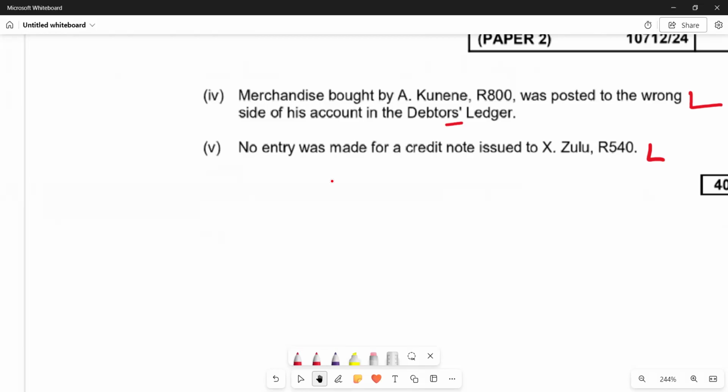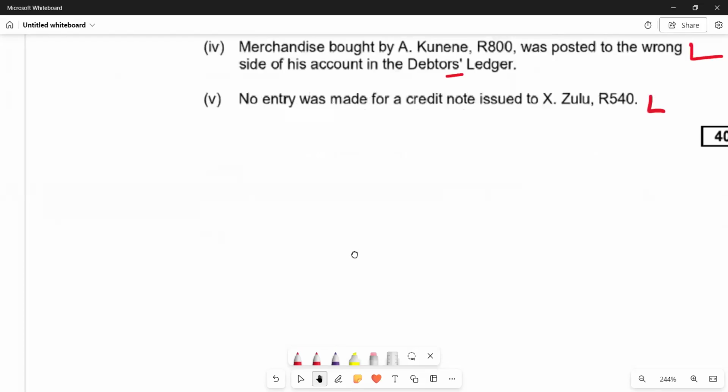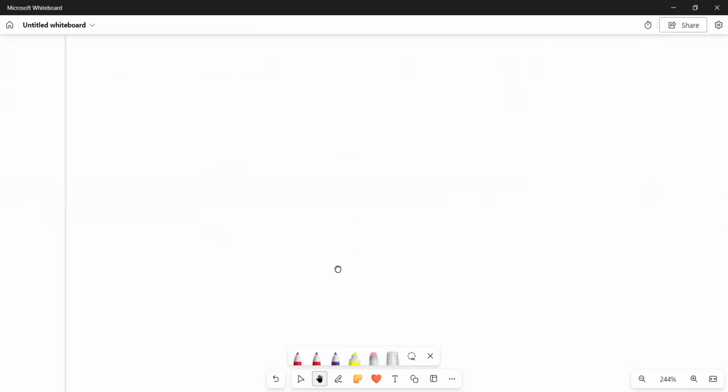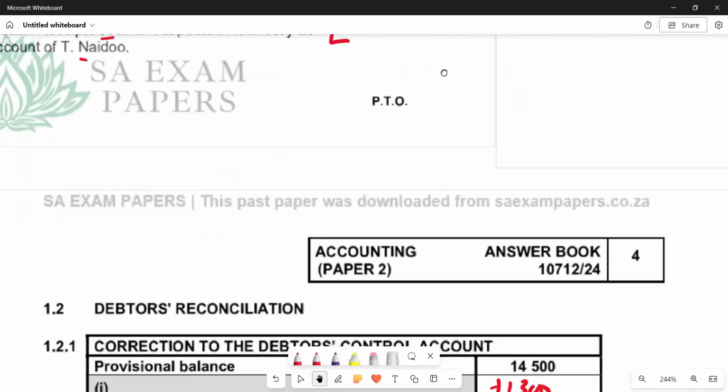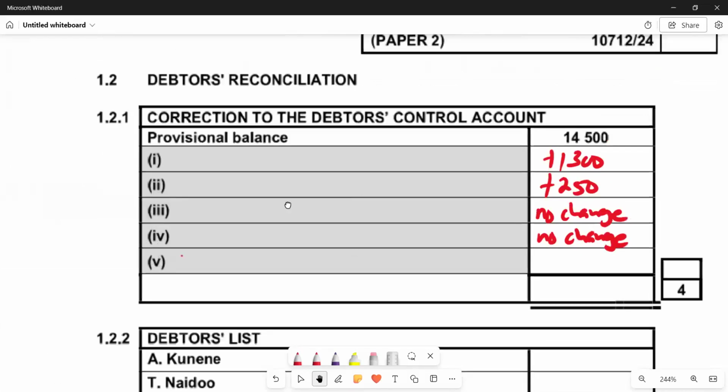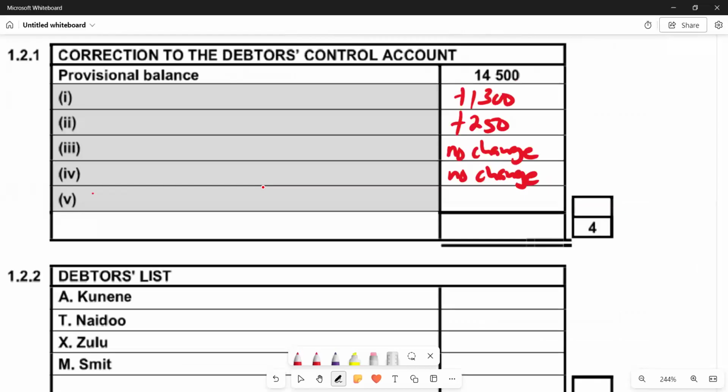So we go down to our other section and indicate it as a negative. By negative, we can show it in brackets, negative 540. So having done that, now we can make our calculations by saying 14,500 plus 1,300 plus 250 minus 540.